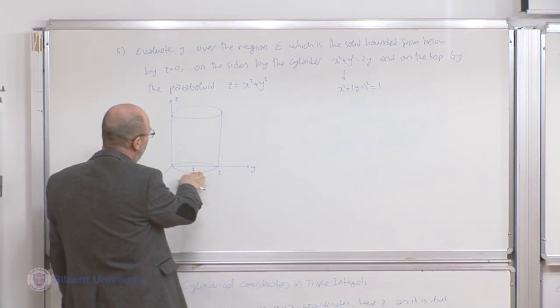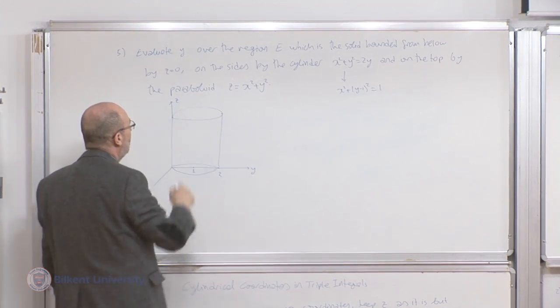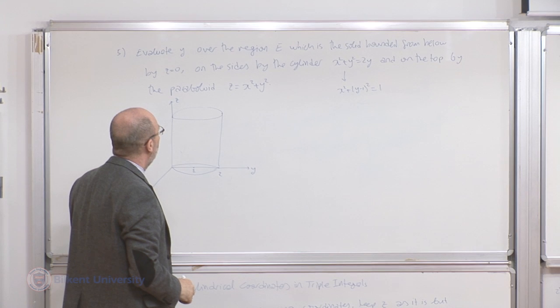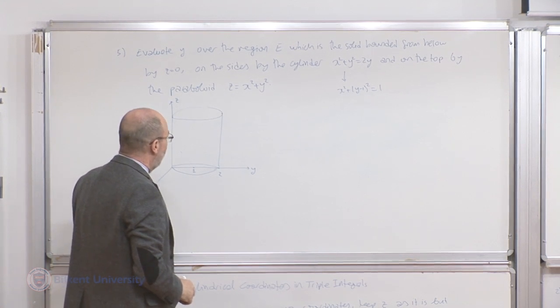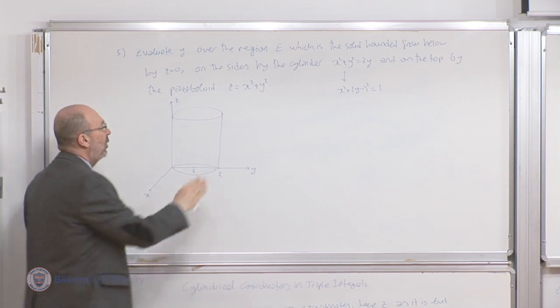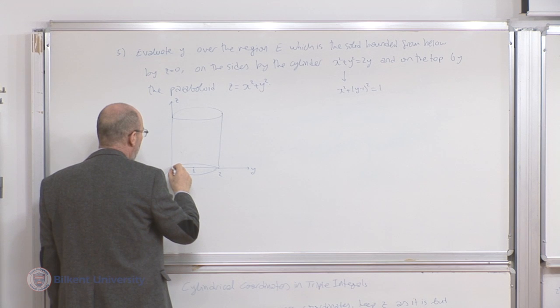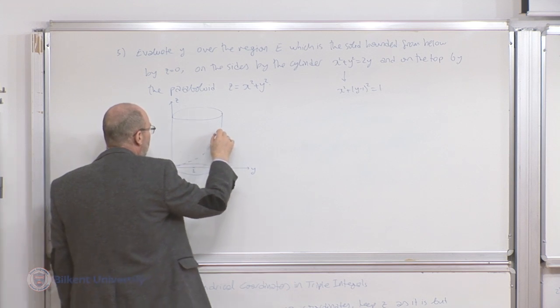So the bottom of the region is here. On the sides, we have this. And on the top, we have the paraboloid, z equals x squared plus y squared. So what do we see in the yz plane? You put x equals 0, you have z equals y squared, so you have something like this.